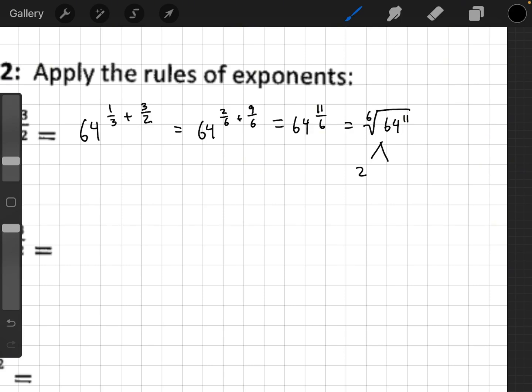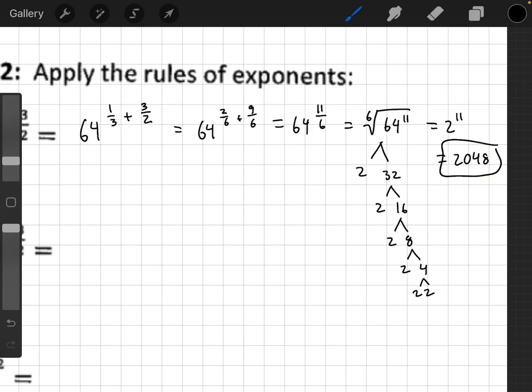So 2 goes into 64 32 times. 2 goes into 32 16 times. 2 goes into 16 8 times. 8 can be divided into 4 and 2, and 4 into 2 and 2. So we see that we have a perfect group of 6 2's here. So now we just have 2 to the power of 11. 2 to the power of 11 equals 2048.